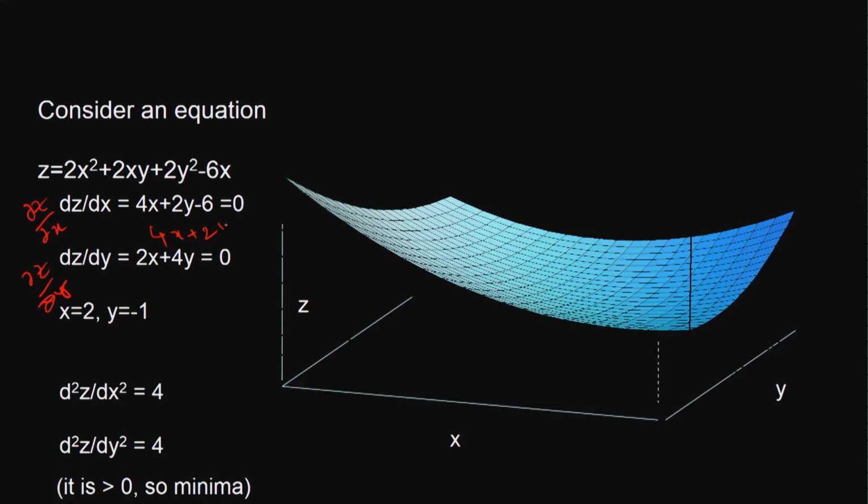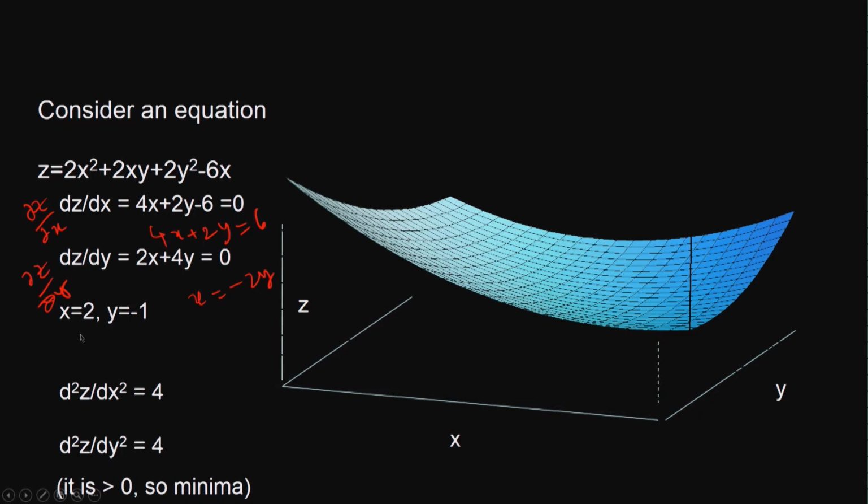4x plus 2y is equal to 6. So, I can solve these two simultaneous equations, or if you look at the second equation, x is equal to minus 2y, and then we can substitute this into this.